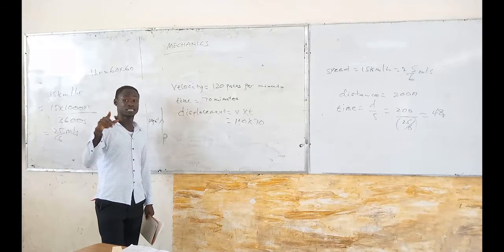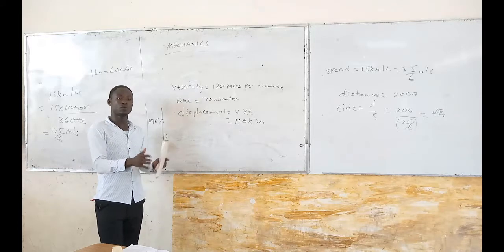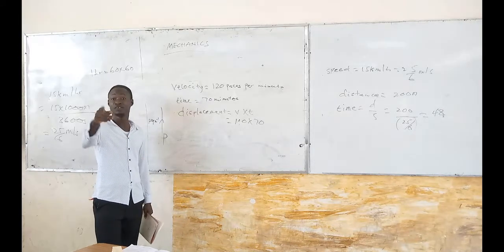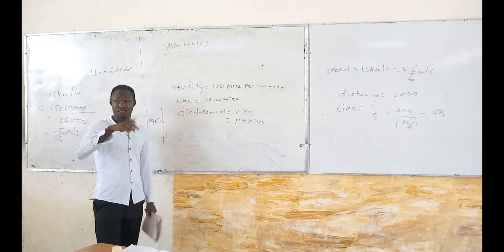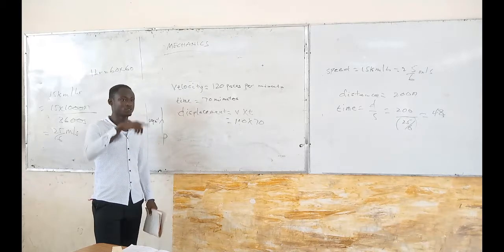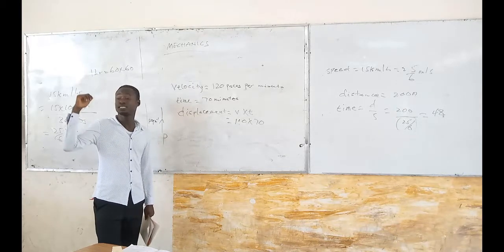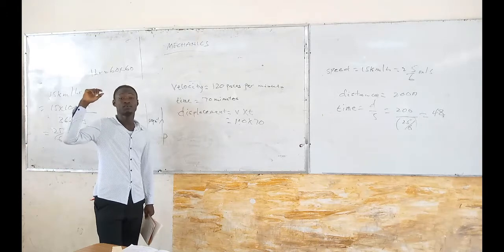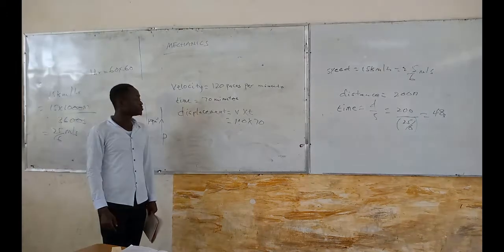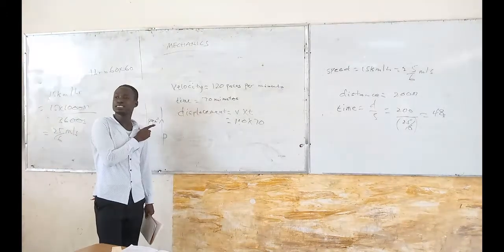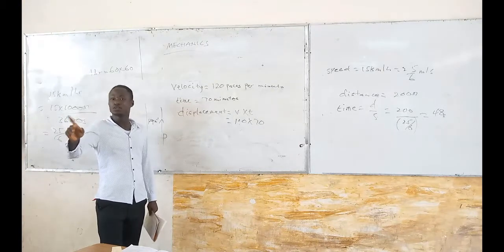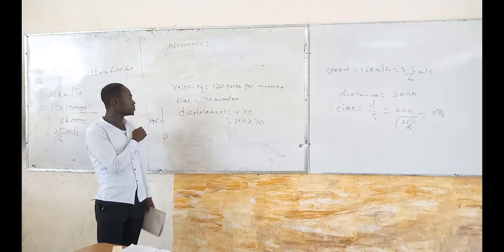You remember dimensions? When you are multiplying one quantity by another, sometimes even if you don't know the units, the quantity will be nullified for you. Which of you did dimensions of a physical quantity in physics? So you realize displacement in this case, you don't have to talk about meters because we are talking about paces.